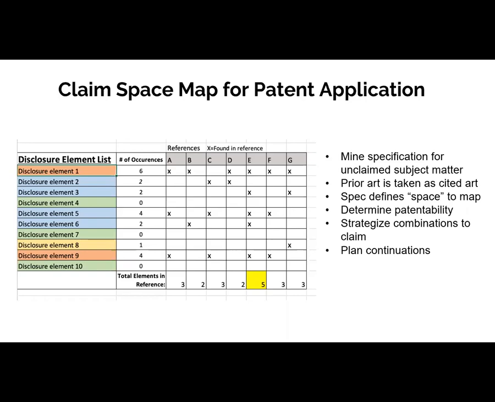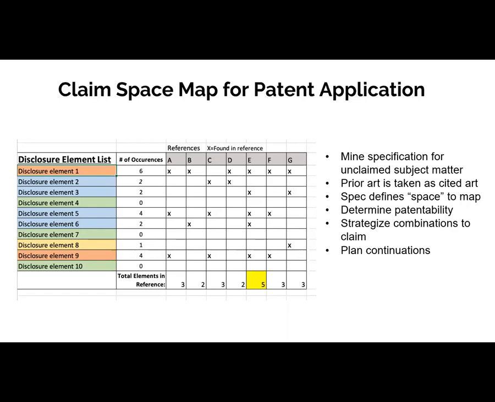They could be papers, they could be competitor products, things that may have elements related to, in this case, a patent application. So then you take that application and identify the different elements that exist within it, and those turn into the rows. Disclosure element 1, 2, 3, 4, and up to 10.